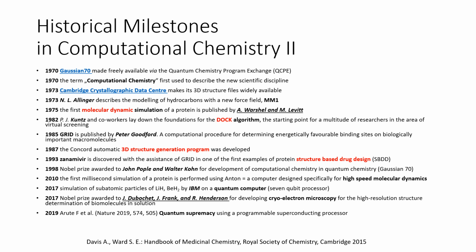A Nobel Prize was awarded several years later to John Pople and Walter Kohn for development of computational chemistry in quantum chemistry.